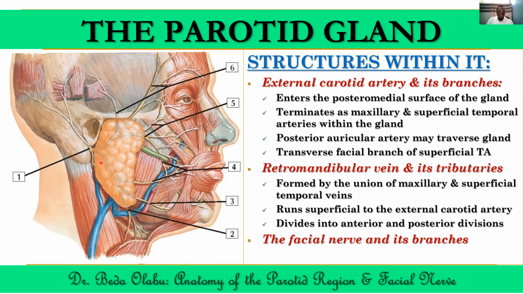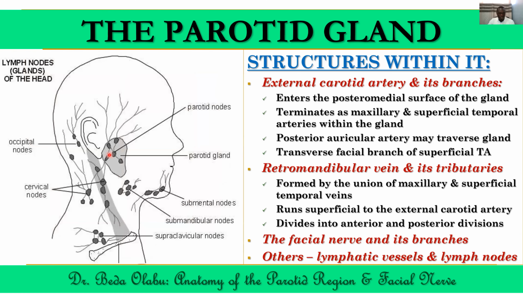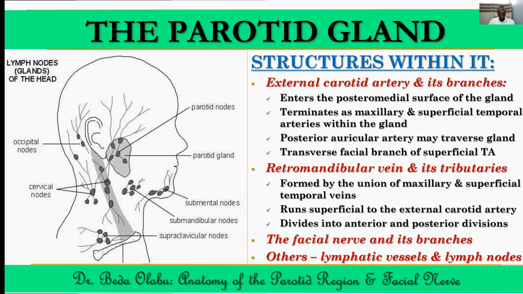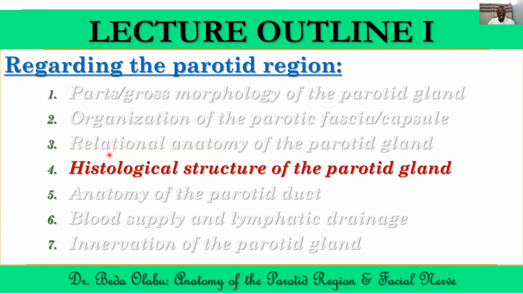And as I already mentioned to you earlier, it may be used as a landmark to separate the superficial and the deep lobes of the parotid gland. Well, the last thing maybe to mention is that we also have lymphatic vessels and lymph nodes definitely within the gland. The lymph nodes within the gland are the ones we term the parotid lymph nodes. So that is about relational anatomy.